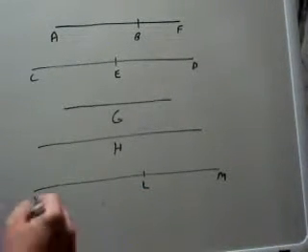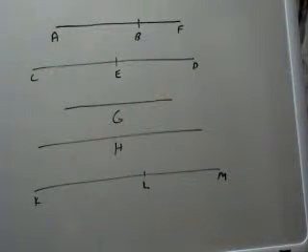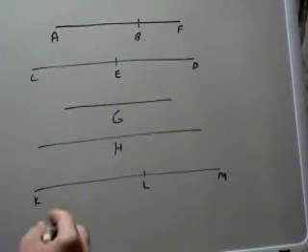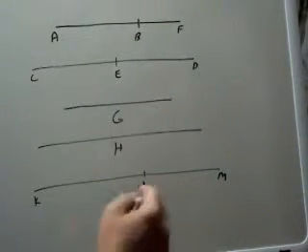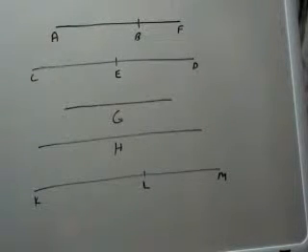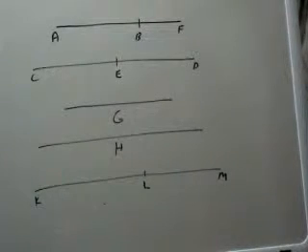Therefore, KL is an apotome. Let its terms be KM and ML. So KM is one term, ML is the other. And they're going to be commensurable with the terms CE and ED.